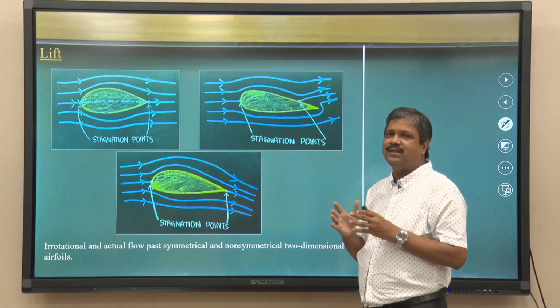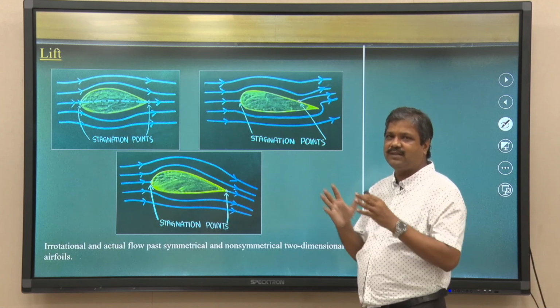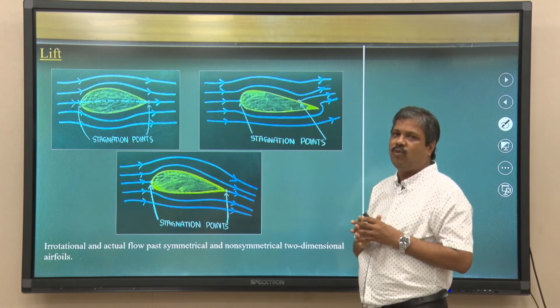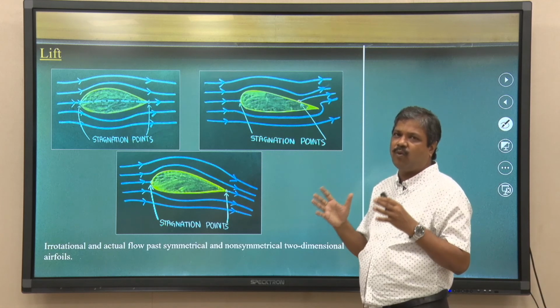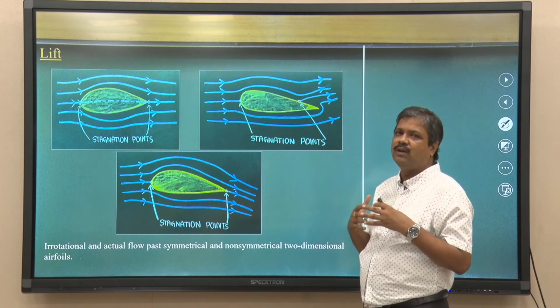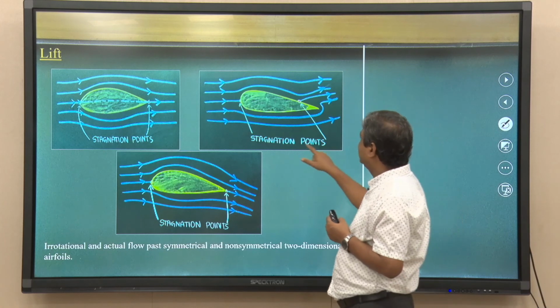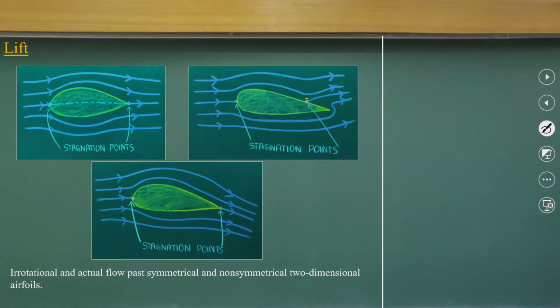Most of the time in engineering we try to avoid flow separation, because if there is flow separation, then the force due to the pressure difference, the form drag, will be much higher. So, that is the reason we try to avoid the formation of flow separation. But this is what, so that is the stagnation points, and you can look at how symmetric and non-symmetrical two-dimensional flow goes around aerofoils. So, you can understand it.